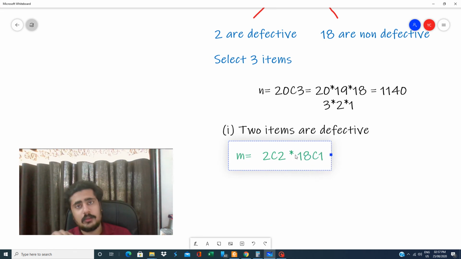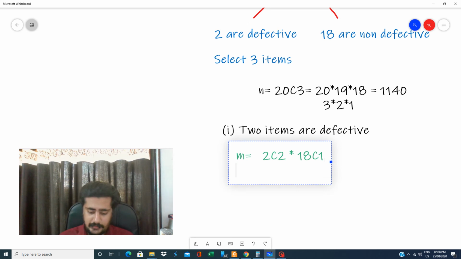Anyhow you have to make a selection of three items. If you are making two defective, then one non-defective you have to take to complete the bunch of three.